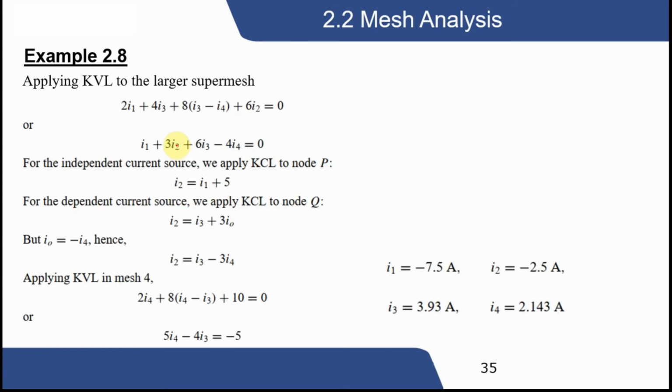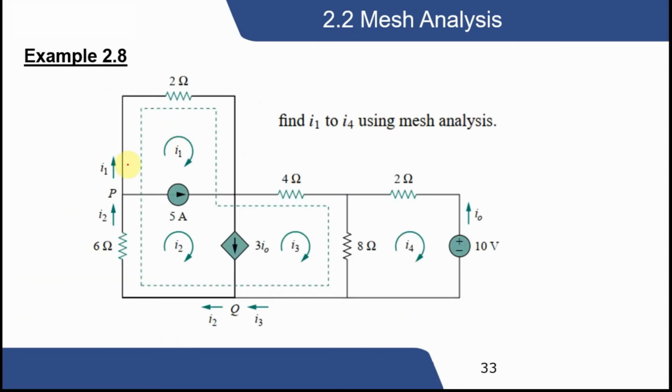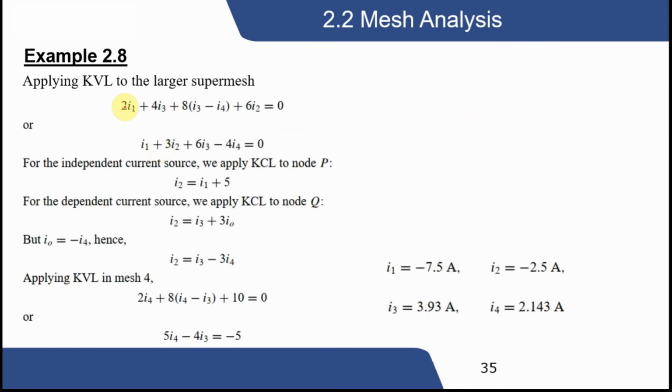We will see the analysis like this: we have 2I1, then we have 4I, because of the current like this. I will make a drawing here to make it easy.